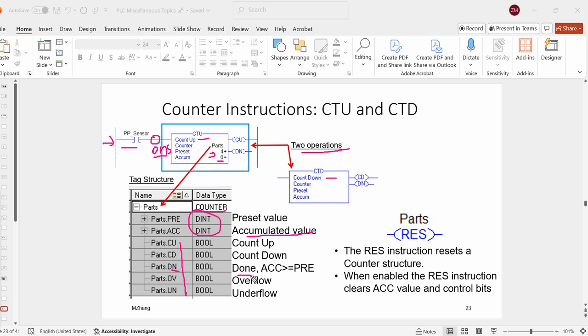Done is set when the ACC is greater than or equal to the preset. Then there are the overflow and underflow bits. Normally that is when the accumulated value is too big to hold in the double integer tag. But remember we talked about before, a double integer has a range from minus 2 billion to positive 2 billion.